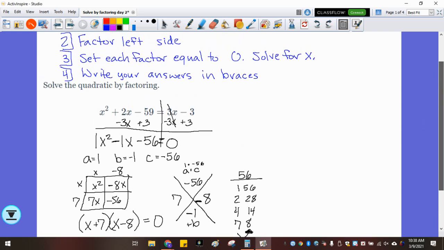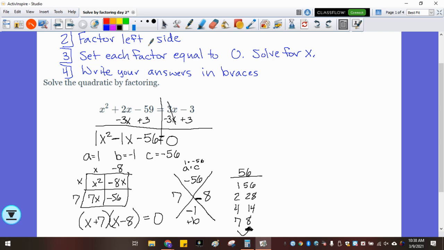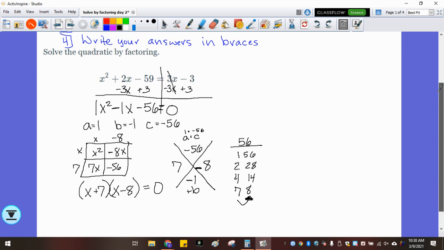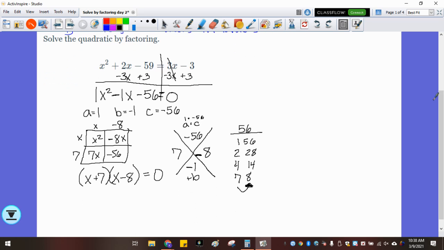And then this is the new part that came in. So after you factor, you have to set each factor equal to 0 and solve for x. So what was it, last week, 2 weeks ago? We would be done because all you had to do is factor.